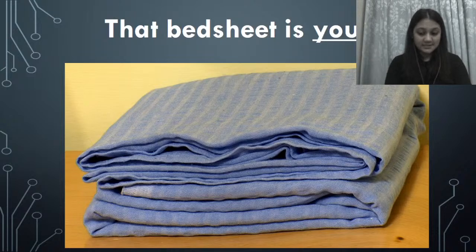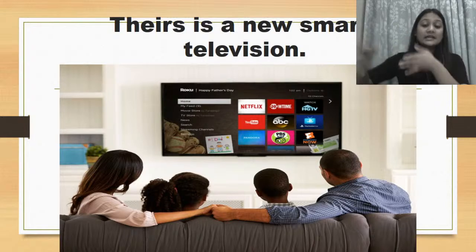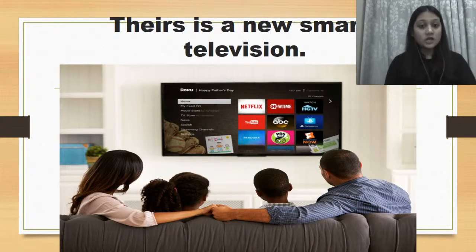Because there isn't, right? Theirs is a new smart television, right? What does it say? It says theirs is a new smart television. So theirs, clear, is. There is no noun just after it. In fact, there is a noun which is television, but it is coming way later. It is not just next to it. Okay? So that is why we have put this under the category of pronoun. Are we clear? It's very simple, right?